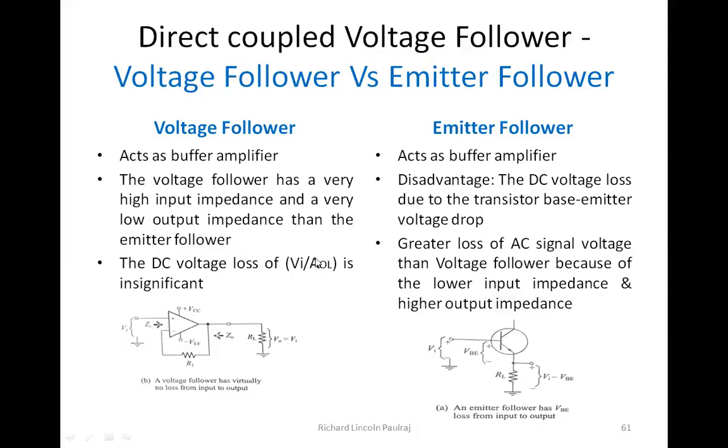So yesterday we had seen the difference between voltage follower and emitter follower, and out of these two, which one do you think is more beneficial? Is it voltage follower or emitter follower? Which one is suiting the needs of op-amp?